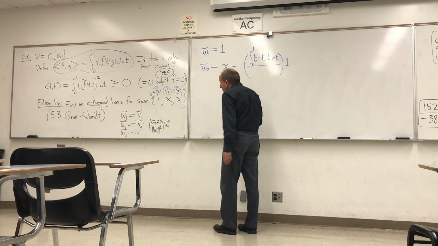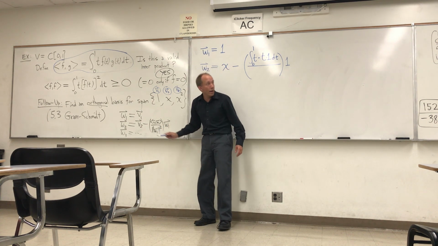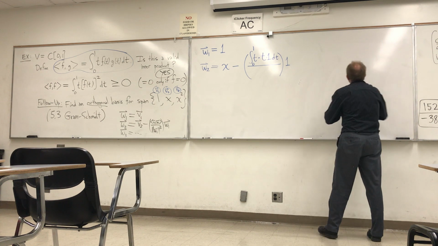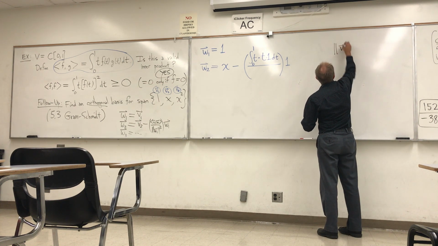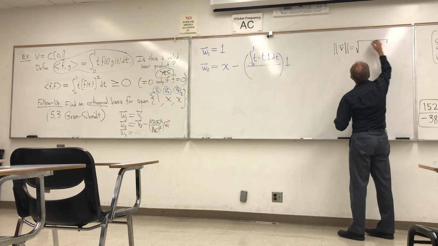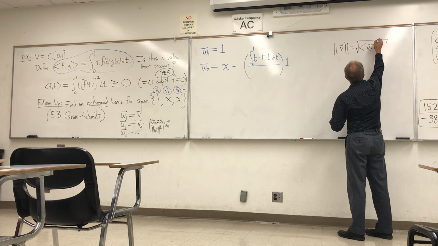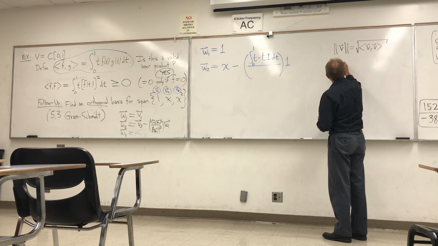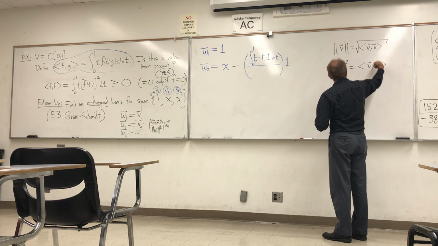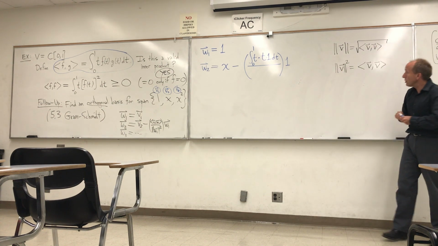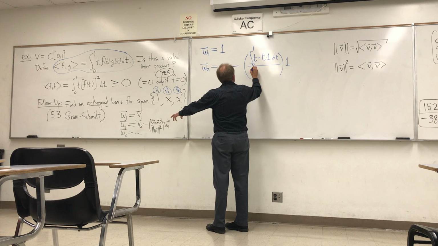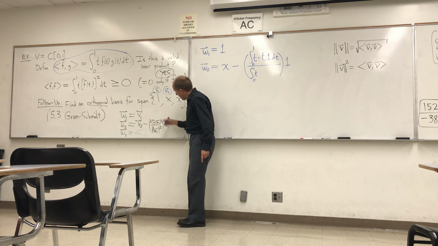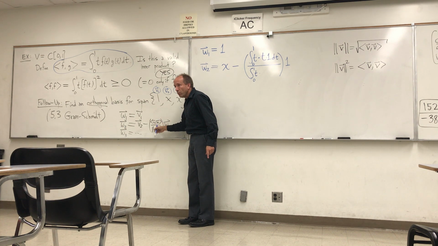And then on the bottom, we have the norm squared. Okay, let me remind you guys. The norm of a vector is the square root of the inner product of that vector with itself. So if you square both sides of that, you just get the inner product of the vector with itself without the square root. Okay? So that's what I have on the denominator here. I'm going to have an integral from 0 to 1 of t times W1 twice, right?